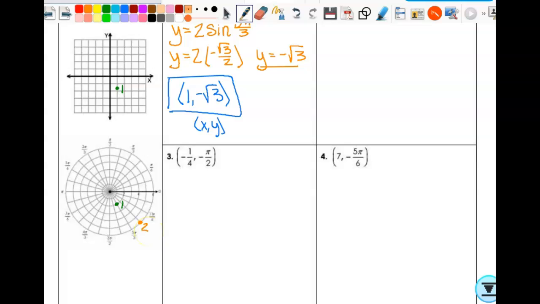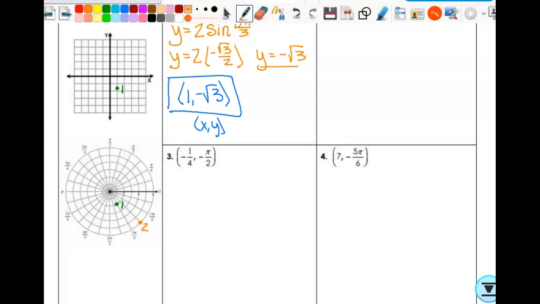Now you don't have to plot, we're going to plot them every time on the notes so we can see what's happening. You don't always have to plot these points when you work these questions, but if my point is here, then I know when I'm done, my point has to be in the 4th quadrant. Kind of helps me make sure my answer is at least in the right quadrant.